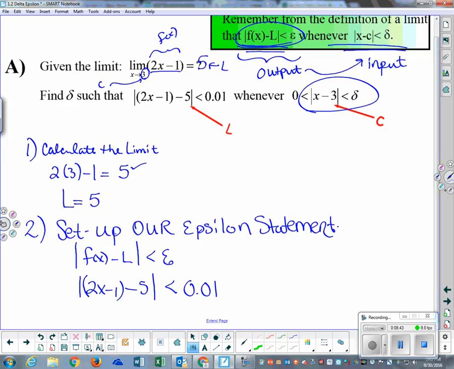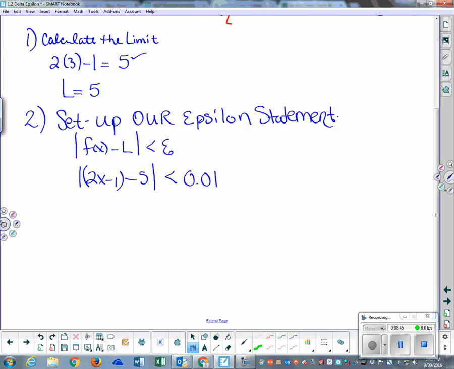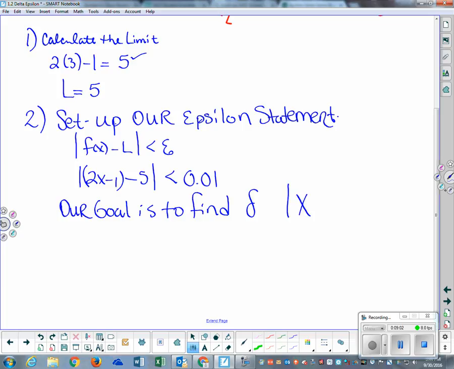And you're going to like this. So now our goal is to find delta. And that delta is driven by x being a certain distance away from c.